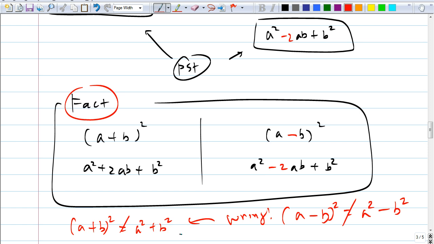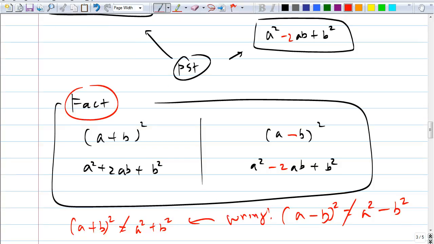Please don't do that. You just saw that when you multiply these 2 binomials, you get trinomials, except, of course, if it was a plus b times a minus b. That's the only exception. All the other times, you always get a trinomial. Please remember.